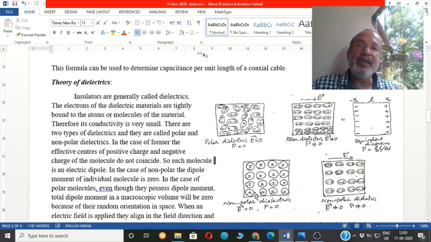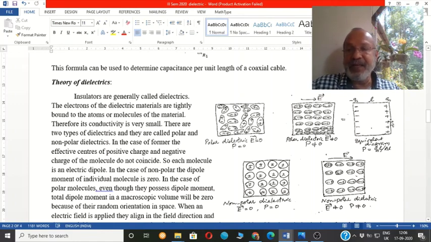Now I will derive a relation between this polarization P and the charge density, actually surface charge density. This minus QB charge is distributed on the left surface of the dielectric, and the plus QB charge is distributed on the right surface of the dielectric.